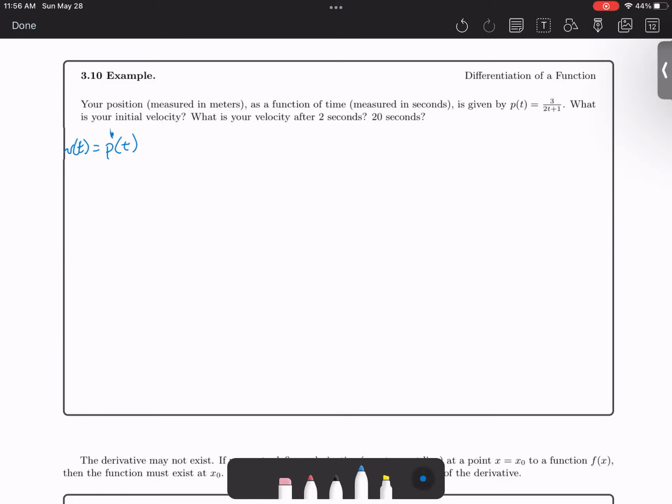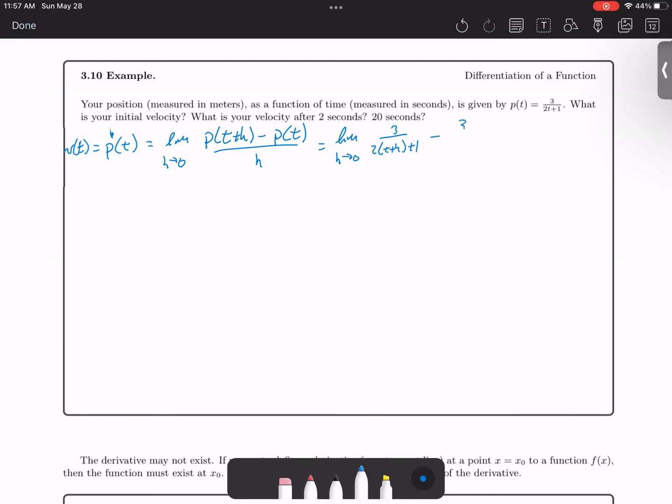So velocity is the first derivative with respect to time of position. That is the limit as h goes to 0 of the difference quotient p at t plus h minus p at t over h. P at t plus h is going to be 3 over 2 times t plus h plus 1.